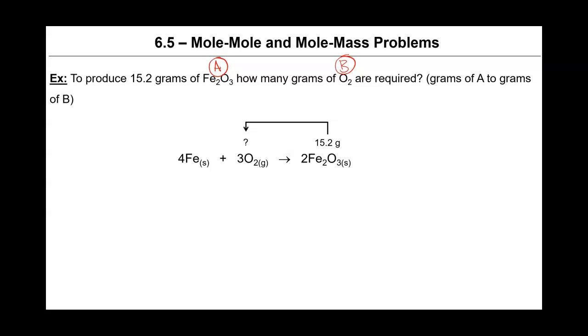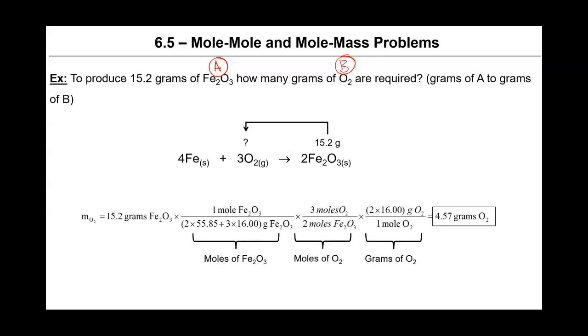So before we can get going, we need to balance the chemical equation so that we can get the correct molar mass. The correct molar mass? No, the correct mole ratio. Once we have the balanced chemical equation, we can go ahead and set up our grams of A to grams of B calculation. So we start with our grams of A, and then we multiply by 1 over the molar mass of A, and that will eliminate the grams of A, leaving us with moles of A. Then we're going to multiply by our mole ratio.